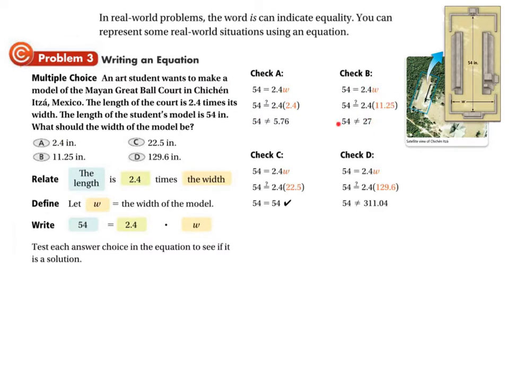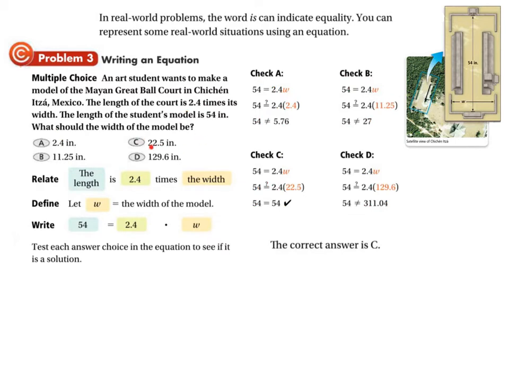When you plug it in, it doesn't work out to be true, so no, it's not a solution. Is 22.5 a solution? Yeah, that actually works out. 22.5 times 2.4 equals 54, which is what it should be. And you do it again for the last one, 129.6 is not a solution. So we say the correct answer is C.